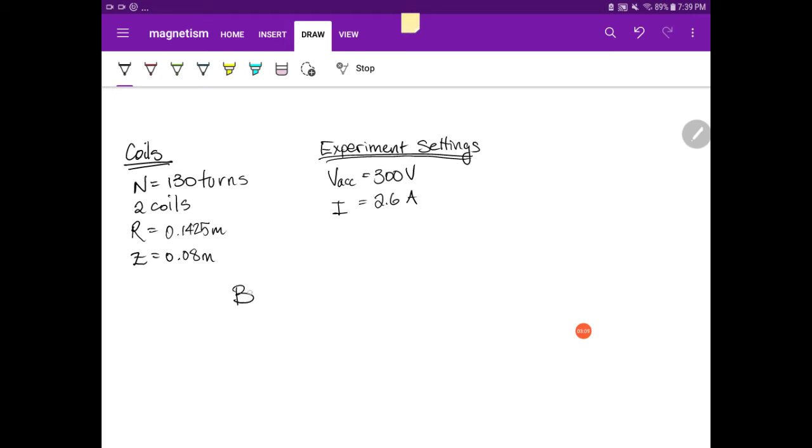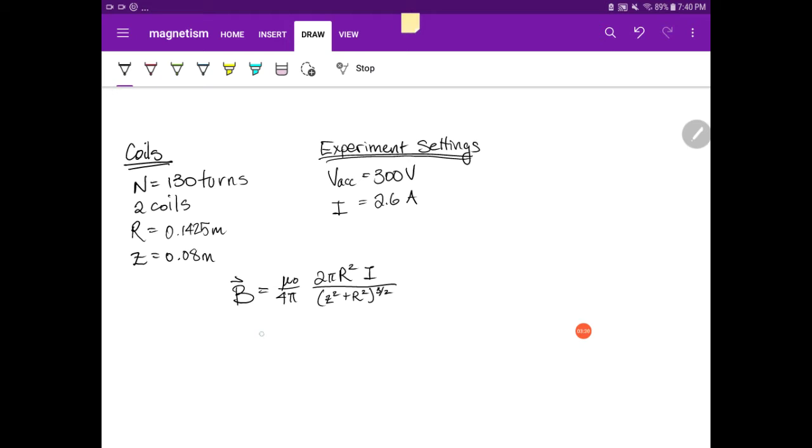And we know that the magnetic field for a single coil is mu naught over 4 pi times 2 pi r squared times the current divided by z squared plus r squared to the 3/2.